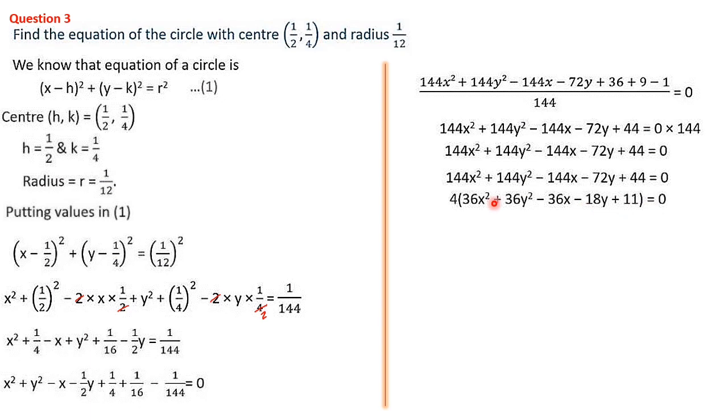Now this 4 we can bring to the right side, it comes as 0. That means after simplification, the simplified form we get is 36x square plus 36y square minus 36x minus 18y plus 11 equal to 0. Some people may stop here, it's not an issue, but if you simplify it properly and write the simplest form, that would be better.